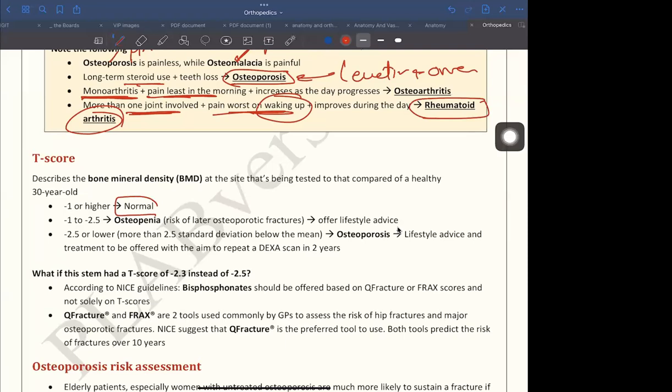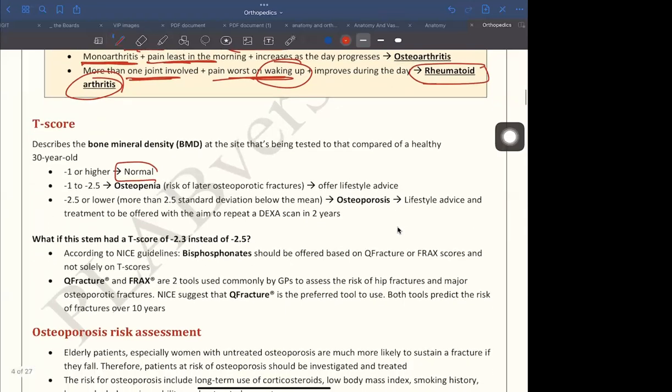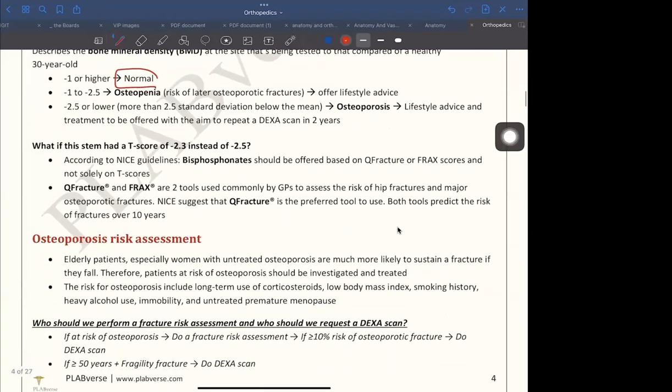So according to NICE guidelines, bisphosphonate should be offered based on something called the FRAX or the QFracture. It's something that we usually do online.